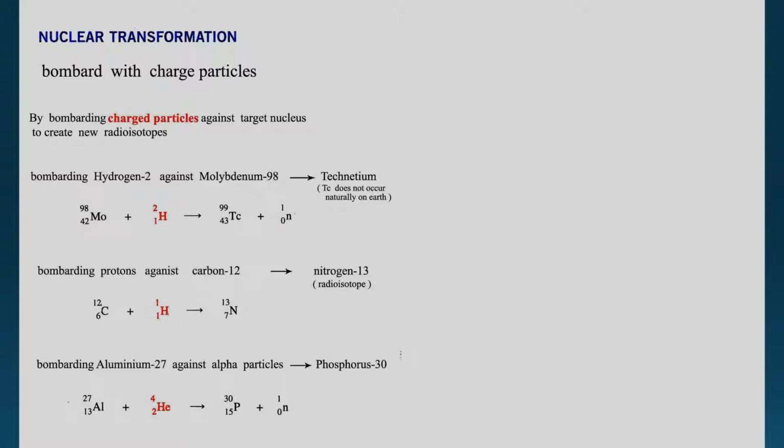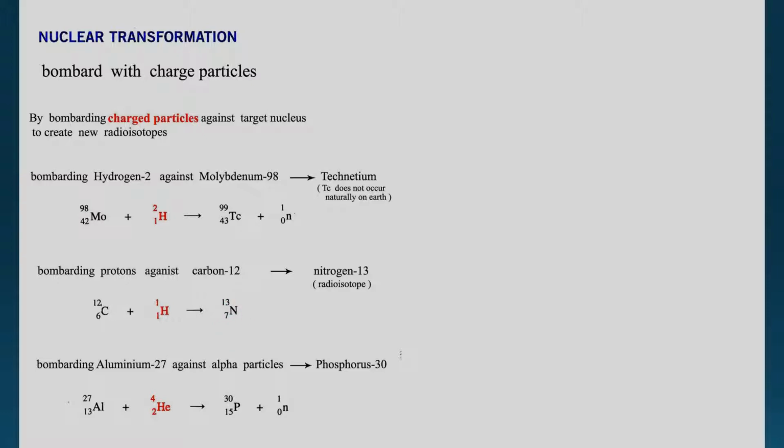Another example, you shoot it with another charged particle, a proton. How do you represent a proton? Mass 1 and charge 1, hydrogen. It is a proton. So you shoot it onto carbon-12 to make a new element.